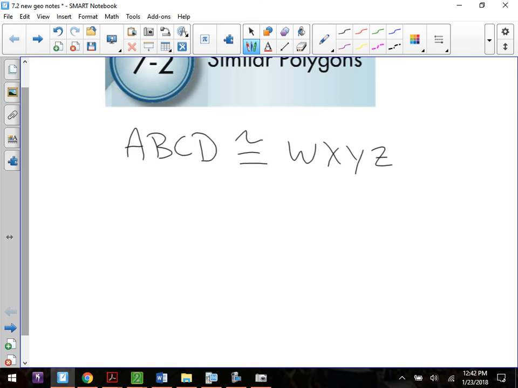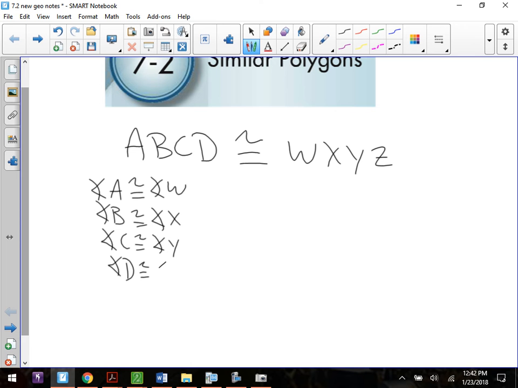It told us what angles matched with what, and it also told us what side lengths matched with what. For example, we knew from a congruency statement that angle A had to match with angle W, B matched with X, C matched with angle Y, angle D matched with angle Z. That never changed.